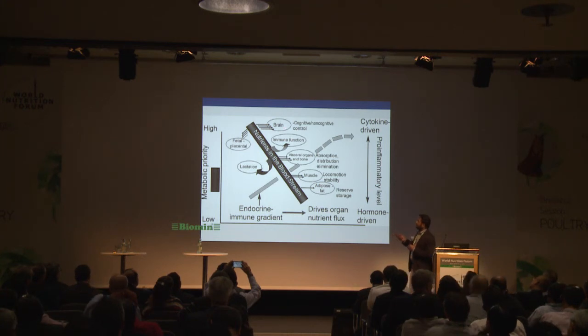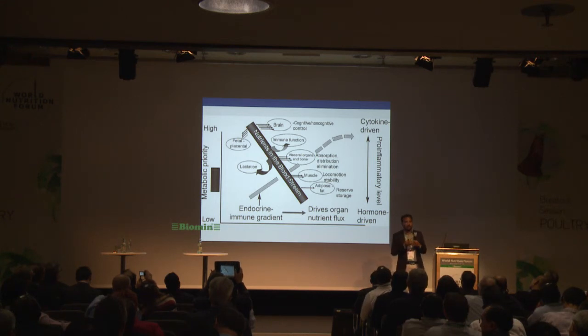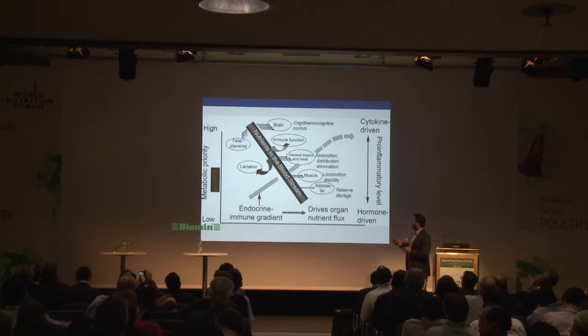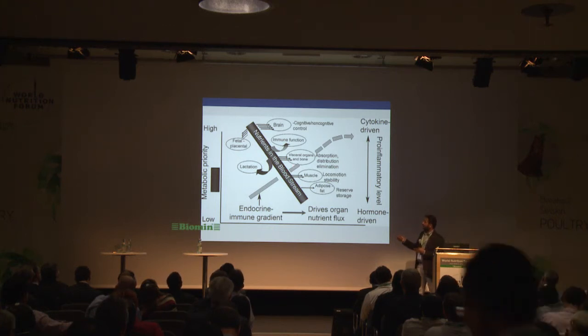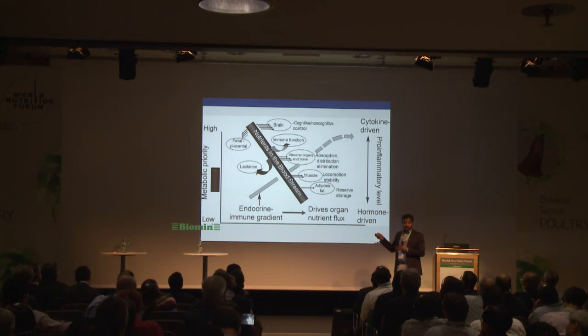So here you can see the brain has the topmost priority. If the animal is not pregnant, then the next one is the immune function. Even though the immune system is present in the animal, when it is constantly activated, you can understand the amount of energy that goes to the immune function, followed by visceral organs, bone, muscle, and adipose fat. So basically, we need more energy or nutrients coming here.